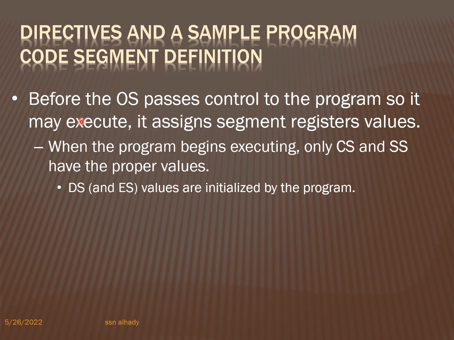Before the operating system passes control to the program so it may execute, it assigns segment register values. When the program begins executing, only the code segment and stack segment have proper values, while the data segment and extra segment values must be initialized by the program.